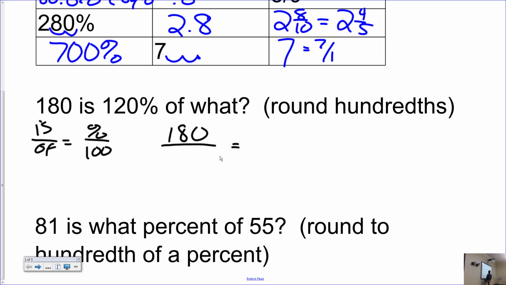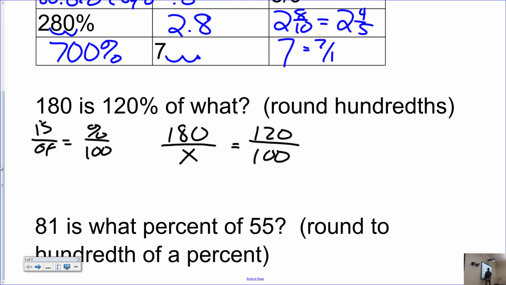Whoa, we're doing the one above it. Hang on. Oh, wait, sorry. So x goes under that because you don't know what you're on it. Yep. And then 120 is percent over 100. Perfect. And what do I do to solve that? Cross multiply and divide.